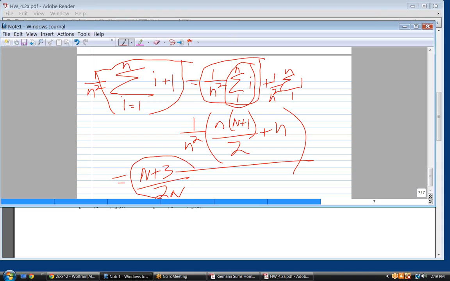So that's what I have, and they said evaluate it when n equals 10, 100, and 1,000. Well, now I'm just going to plug in 10 for n. So when n equals 10, my sum is 13/20. When n equals 100, my sum is 103 over 200.